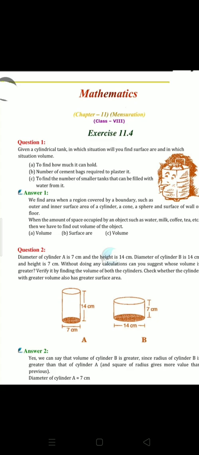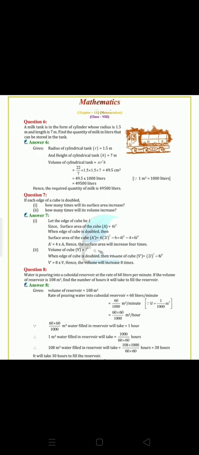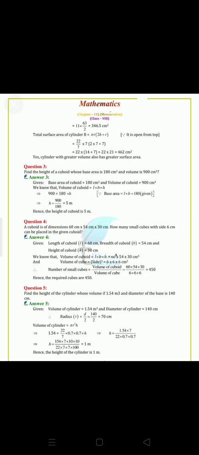Then total surface area. Total surface area formula is 2 pi r bracket h plus r, of A also and B also. And from that only you can easily make out which has more volume and which has more surface area. Now the figure which has more volume, of course the area will be more of that figure only.